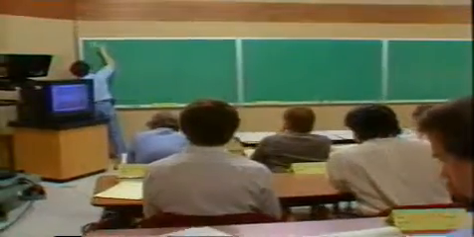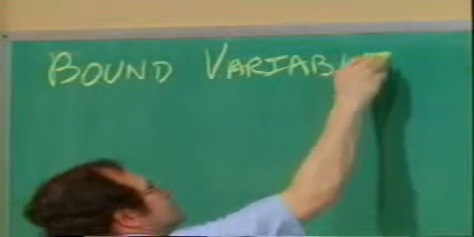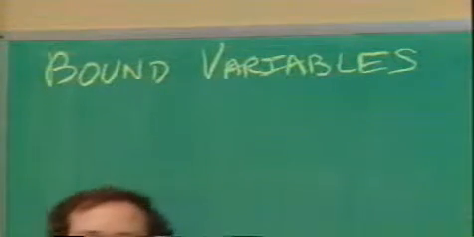Okay, so I think I'm going to have to say a little bit about that before we even fool around at all here. Bound variables we're talking about here. And you've seen lots of them.